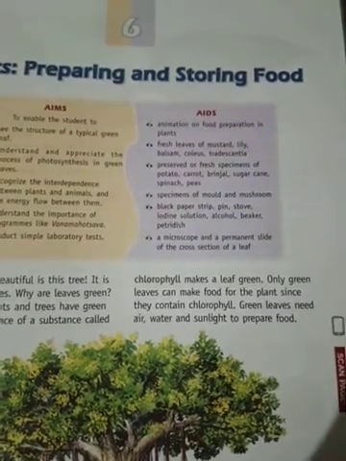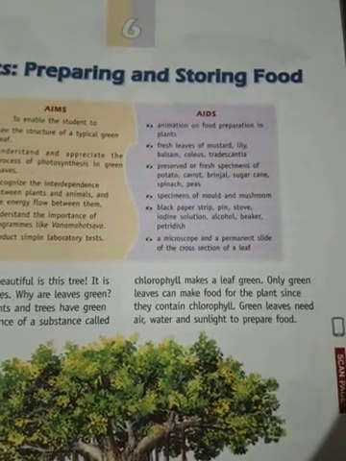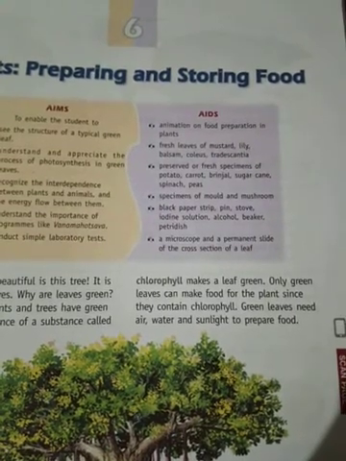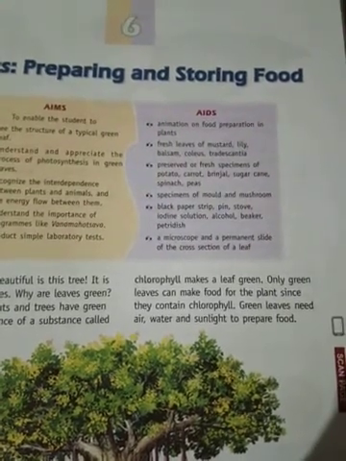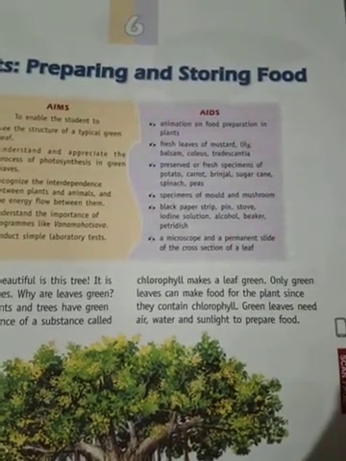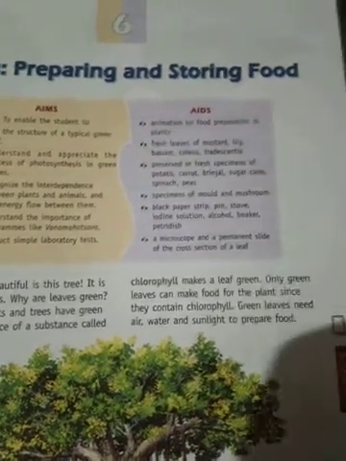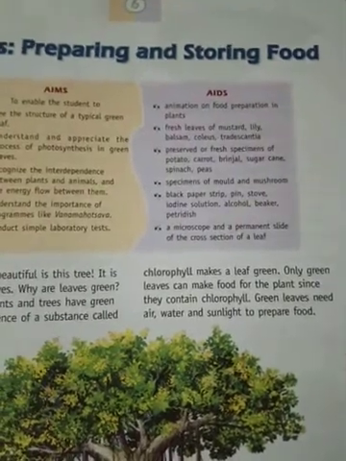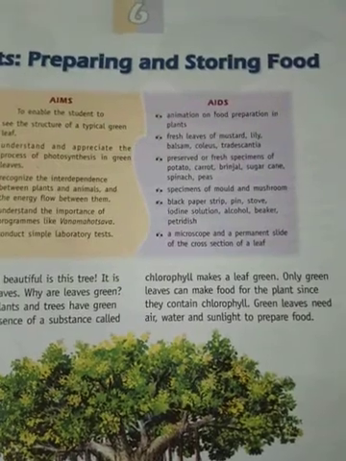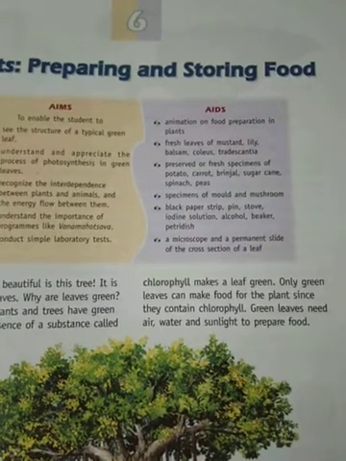They need other substances like air, water and sunlight along with chlorophyll. I will explain all these components later in this course, but at present it is a basic, preliminary level: you should know the components which a leaf needs to prepare its food.